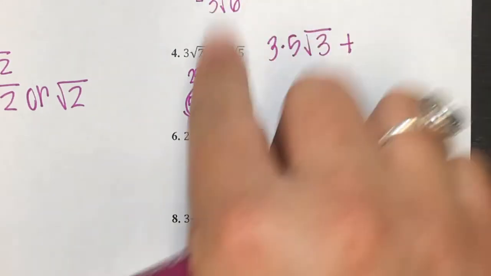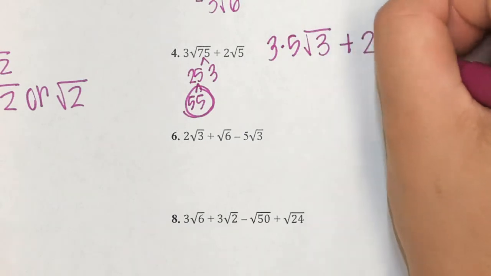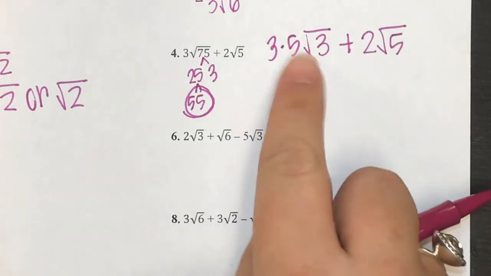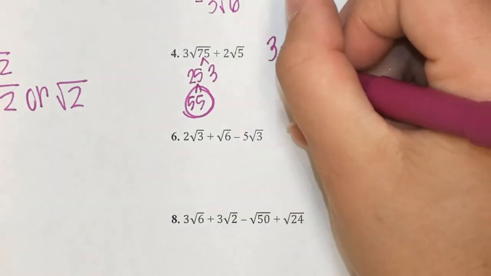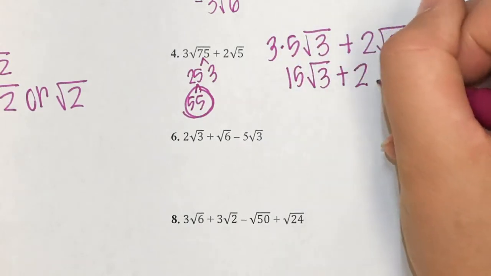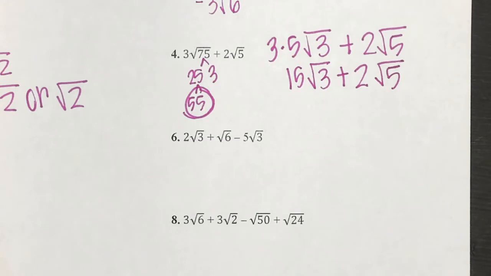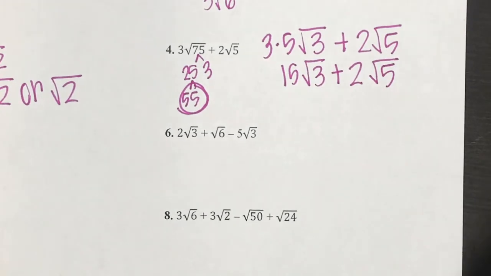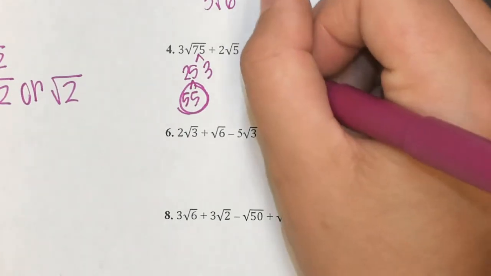And then 2 square root of 5 is already simplified. So 3 times 5 is 15 square root of 3 plus 2 square root of 5. But they don't have common radicals. They're not the same. So I cannot combine them, and this is my final answer.